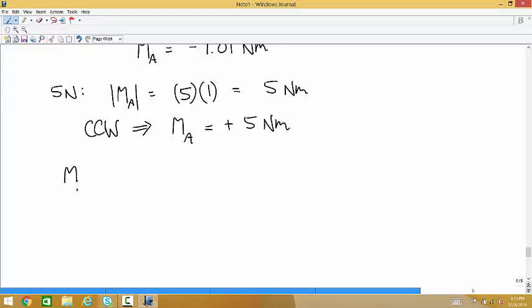Add all of those up. And the net moment is equal to 0 minus 9.81 plus 5. And so you get negative 4.81 Newton meters.